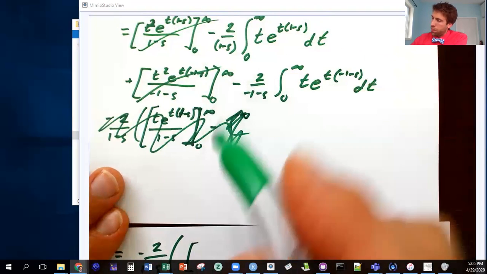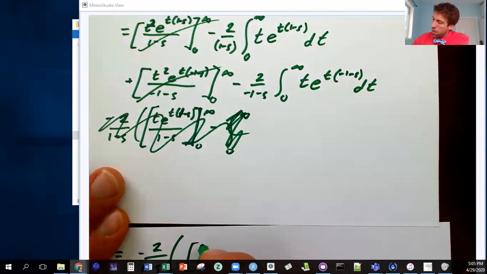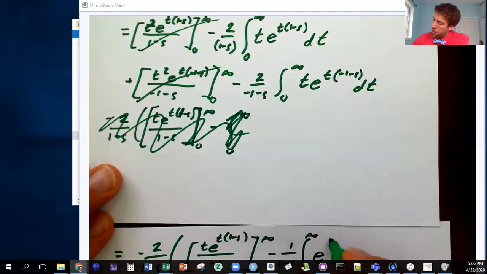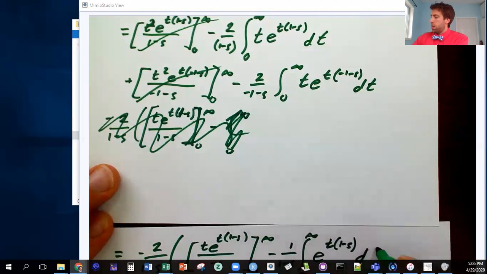My first term is t times e to the t times 1 minus s all over 1 minus s, 0 to infinity, minus, n in this case is 1, over 1 minus s times the integral 0 to infinity of e to the t times 1 minus s dt.